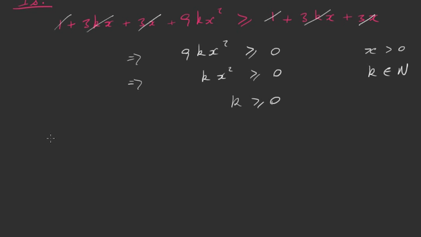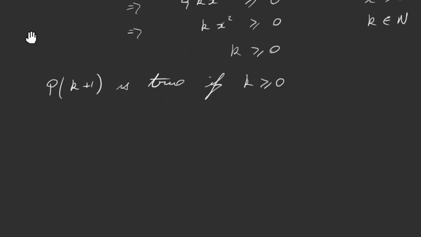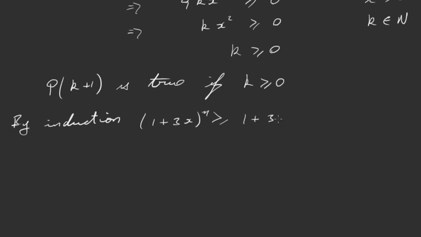So we can say then that pk plus 1 is true if k is greater than or equal to 0. Okay, so we can just finish that off by saying that by induction, 1 plus x to the power of n is greater than or equal to 1 plus nx.